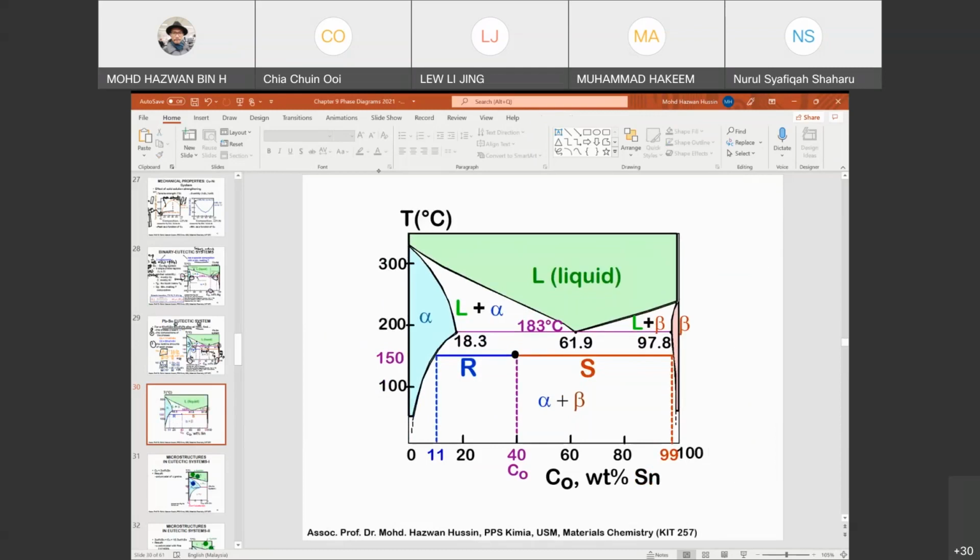At 30% of tin, and temperature at 250 degrees C. So just now, if we look over here, 30%, 250, you get the point here, and the phase is actually equal to liquid plus alpha, right?